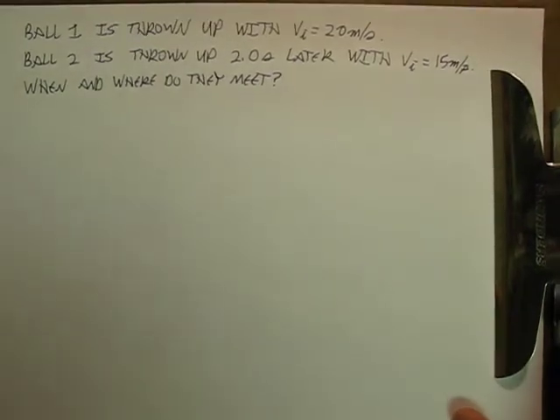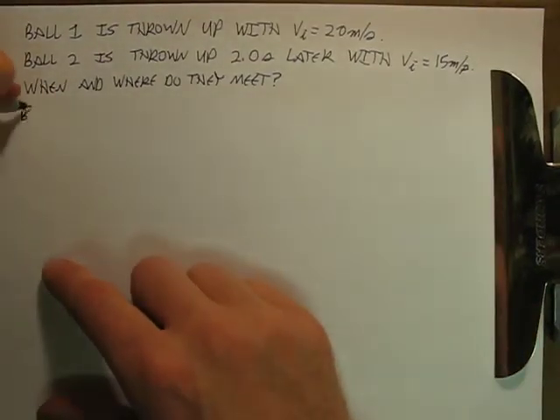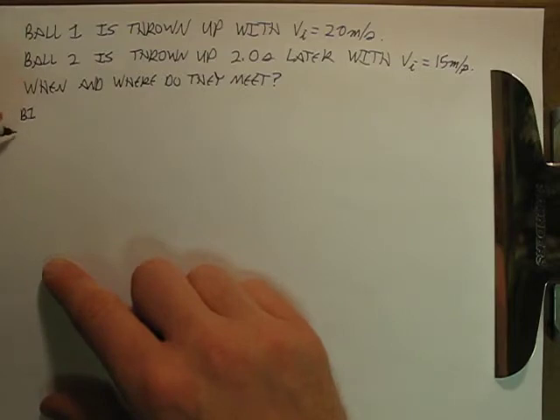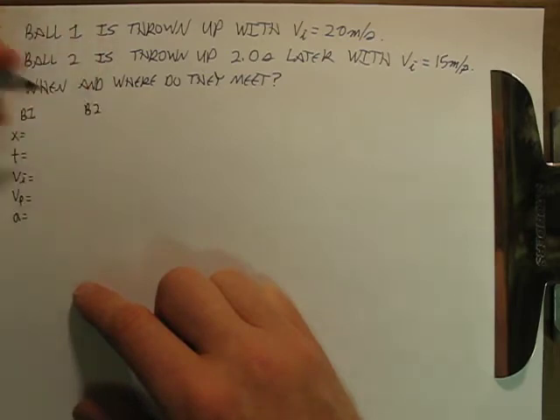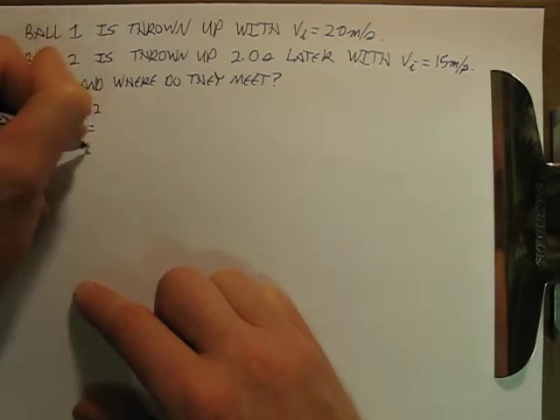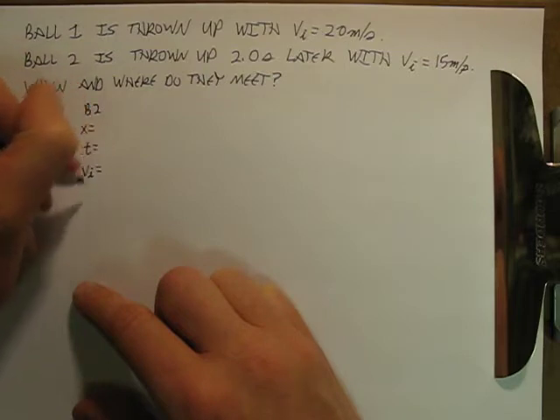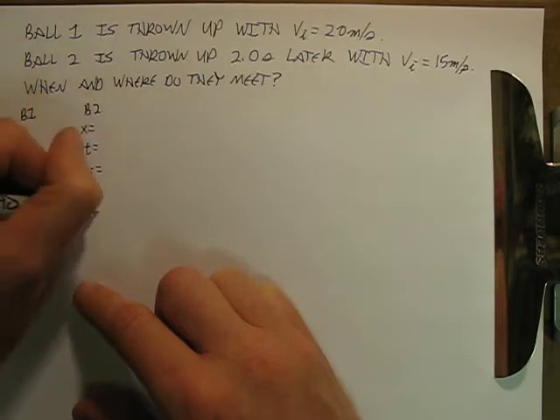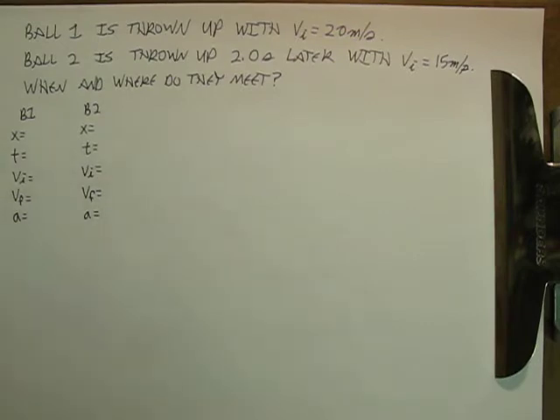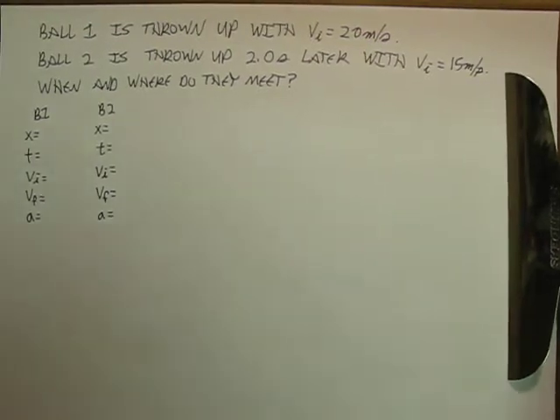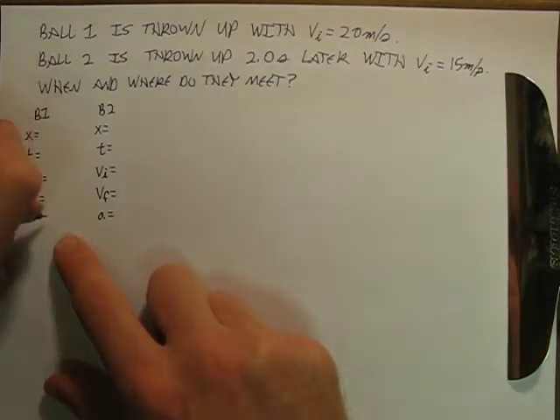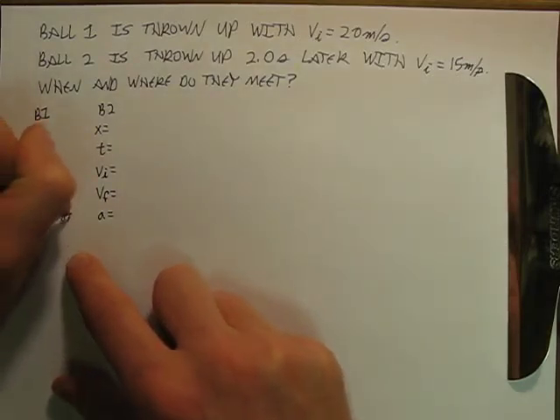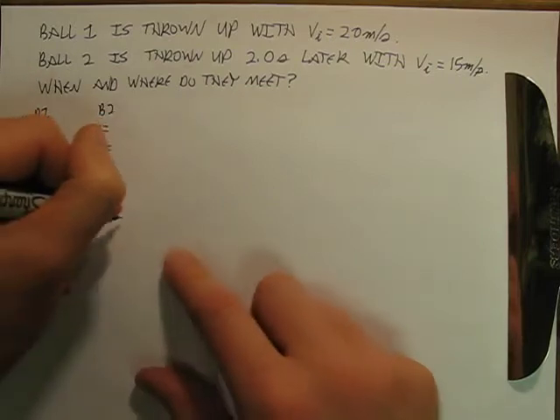Okay, so we're going to need two charts. We're going to need a chart for ball 1, and that's going to be X, T, VI, VF, A. And we're going to need a chart for ball 2: X, T, VI, VF, and A. Now, the one thing we know right off the bat is because both balls are in free fall, their accelerations are both going to be 9.81 meters per second squared.